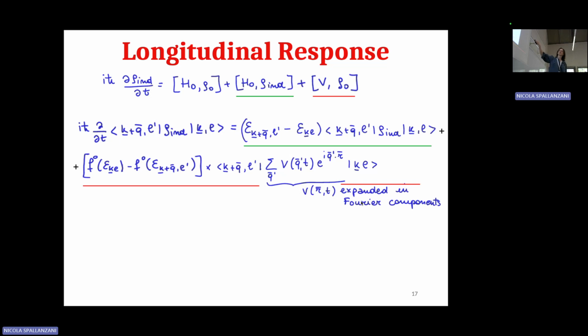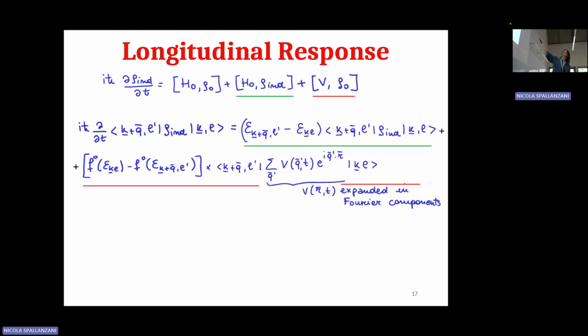Then we project on states KL and K plus Q L prime, and for this commutator, which is underlined in green, we obtain the difference of energies times this matrix element.